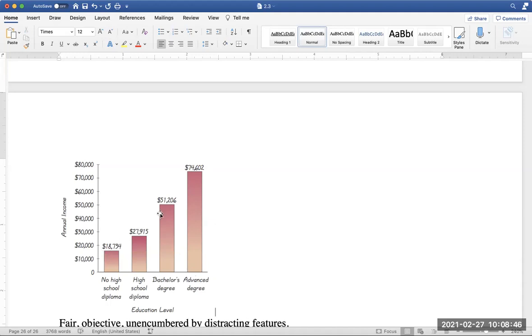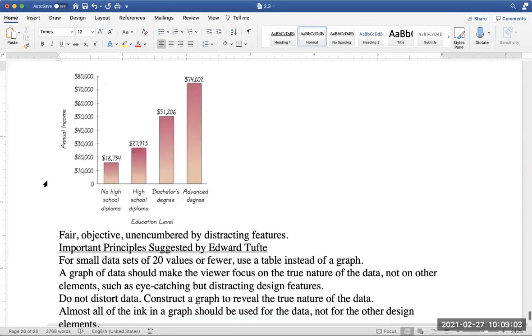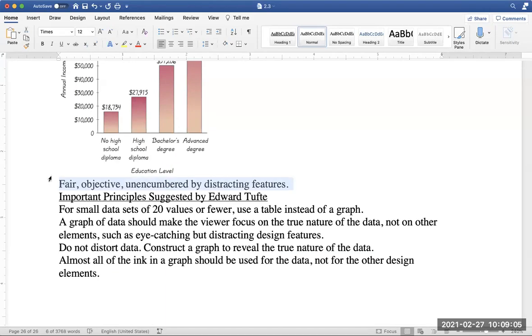And this really depicts the fact that you have 4 times the income. On average, the median income is 4 times larger if you have an advanced degree as no degree. So this is fair, objective, and unencumbered by any sort of distracting features.